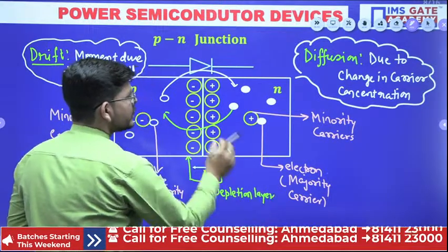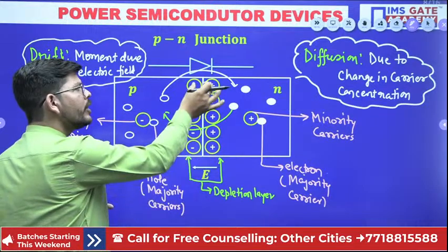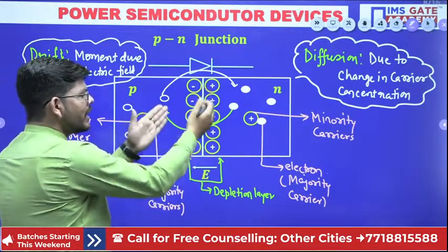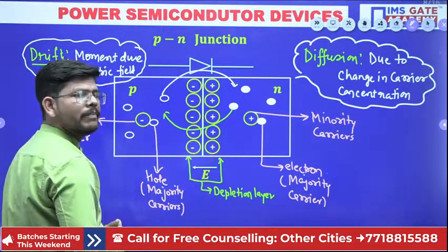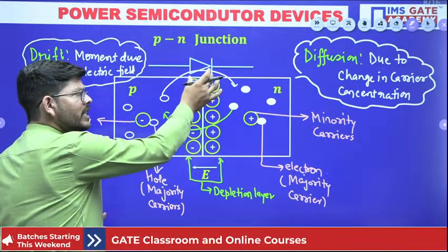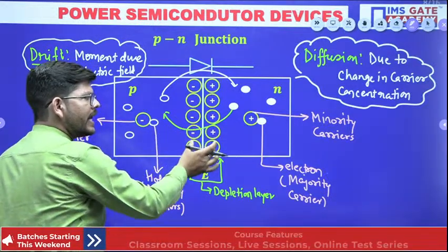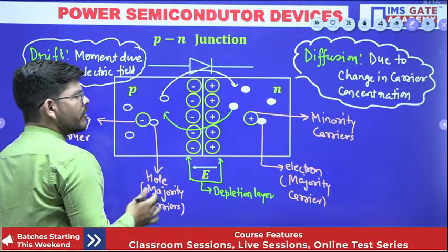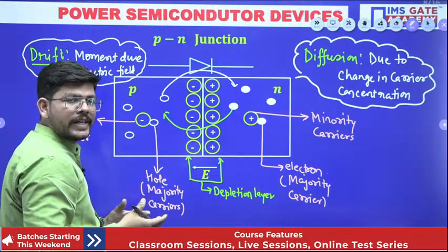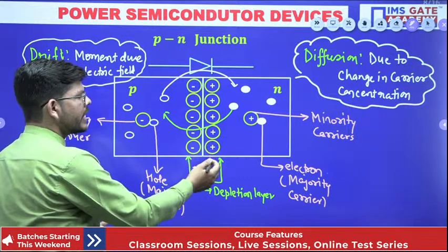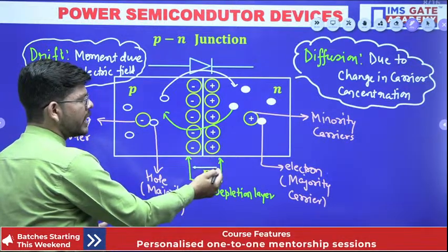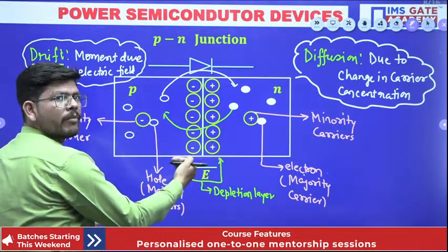Now there is a space charge region at this boundary which has an electric field directed from the positive immobile ions towards the negative immobile ions.